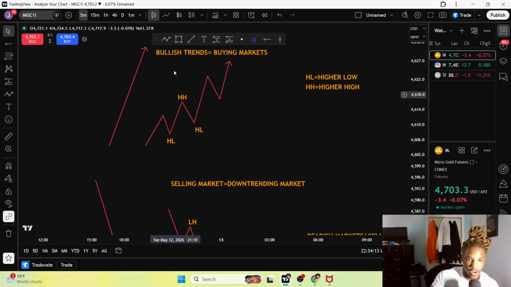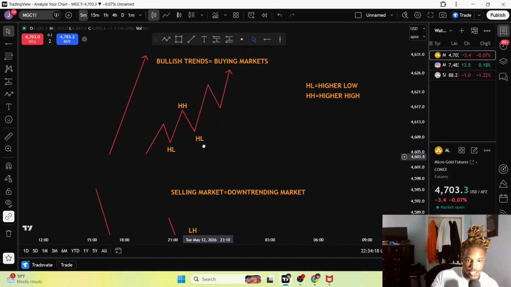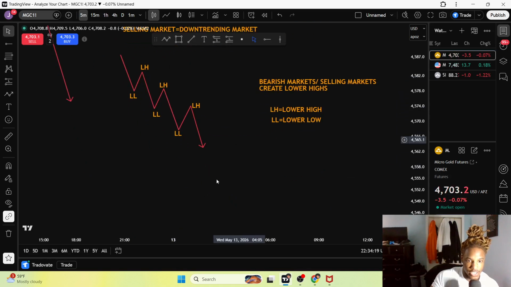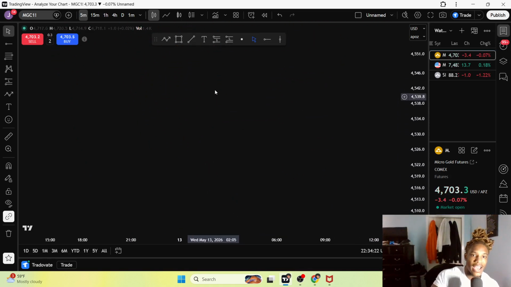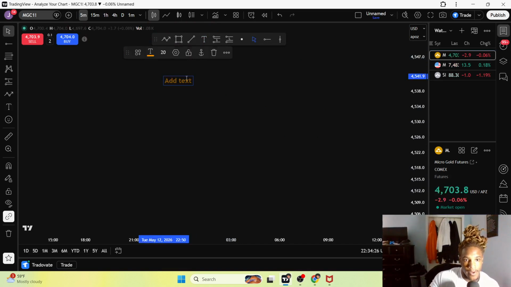Two types so far. We have bullish, bearish, which is the selling market. And then we have the market that you do not want to trade, and I'll briefly touch upon it. Sideways markets, aka consolidation.